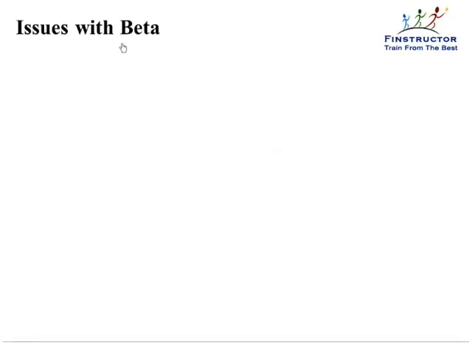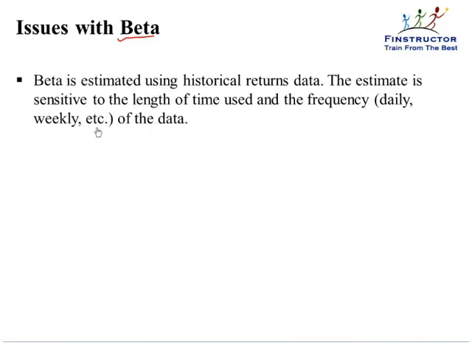Now, while we use the beta as a risk estimate in the CAPM calculations, there are certain issues with beta that we should be aware of. First, beta, as we discussed, is the covariance upon the variance. So the data for calculating the covariance as well as the variance normally comes from historical returns.